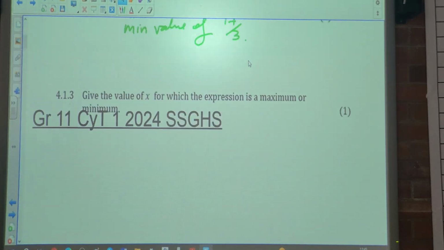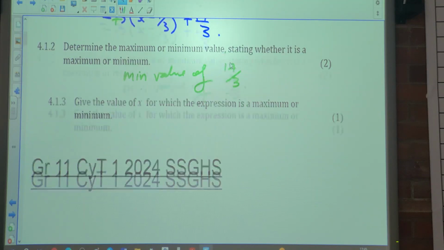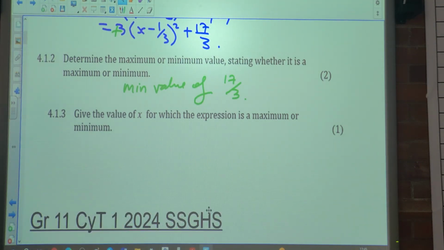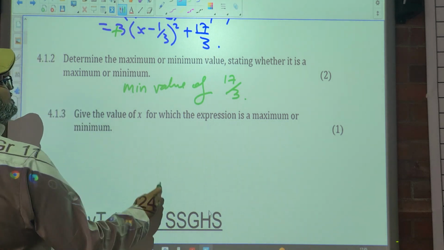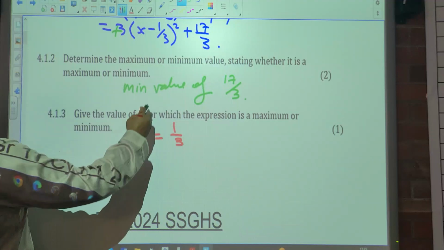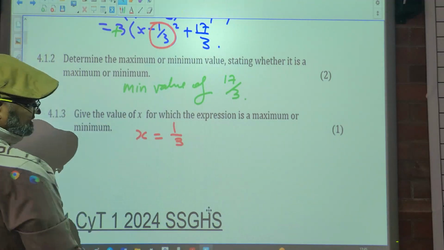Then the next question says, give the value for x for which the expression is a minimum or maximum. X is equal to the additive inverse of that.